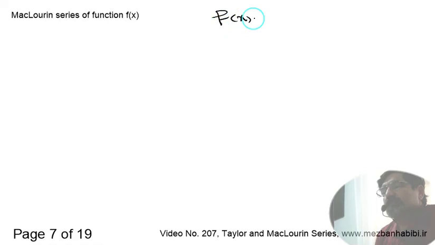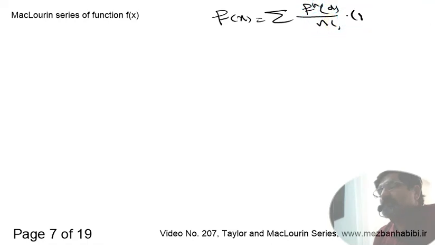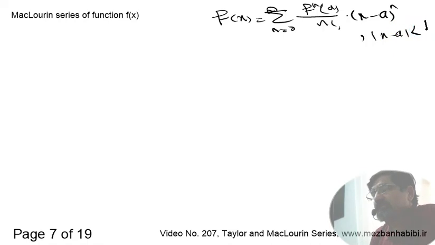If f(x) equals the sum from n = 0 to infinity of the nth derivative of f at a over n factorial times (x minus a) to the power n, then this holds when the absolute value of x minus a is less than r.